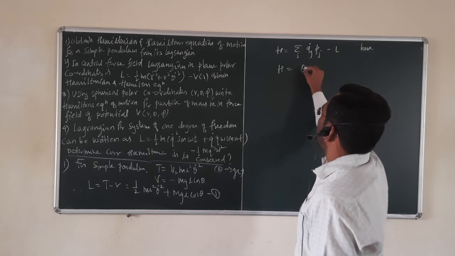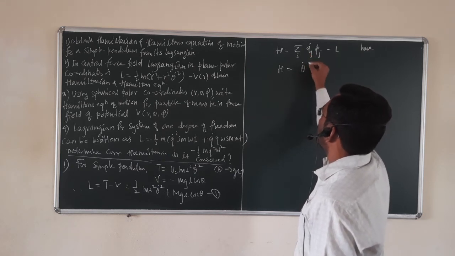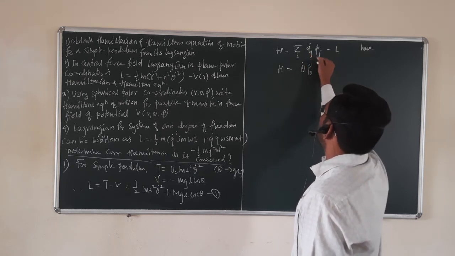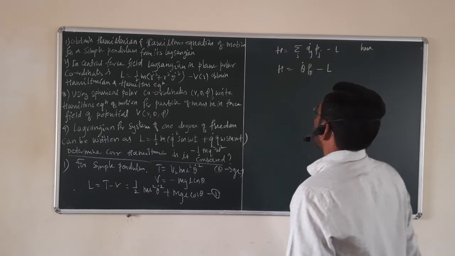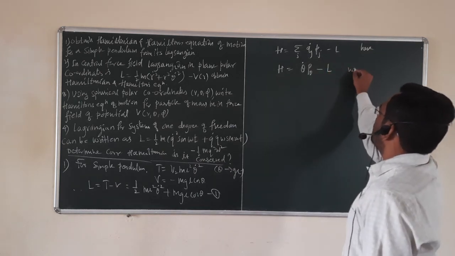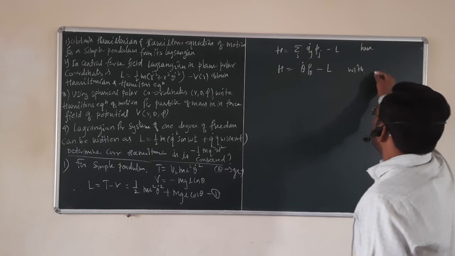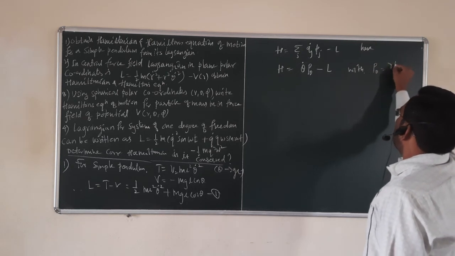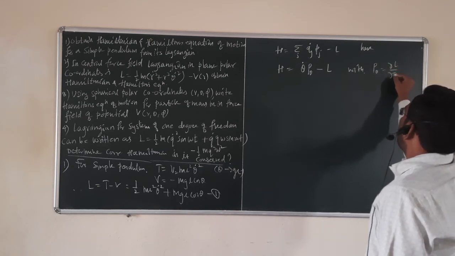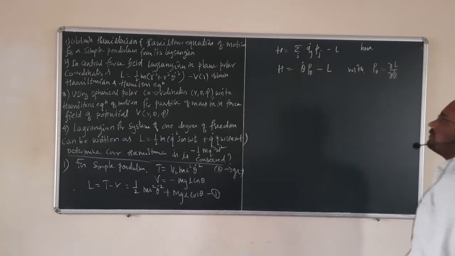We can write pθ as ∂L/∂θ̇, the partial derivative of the Lagrangian with respect to θ̇.